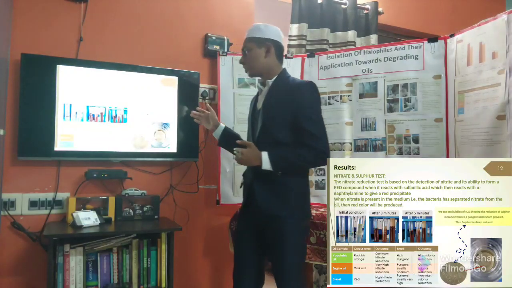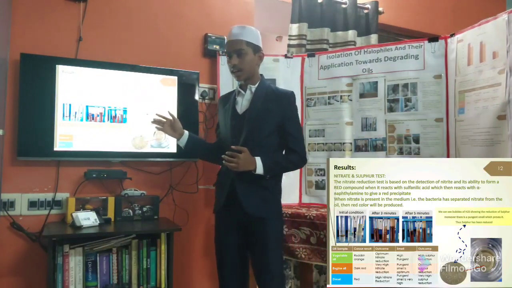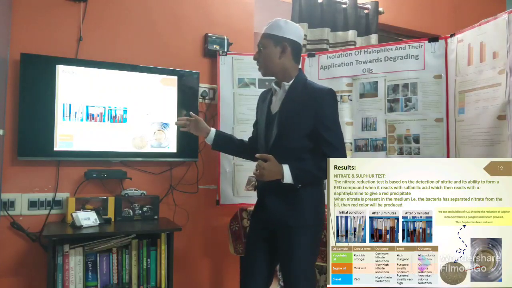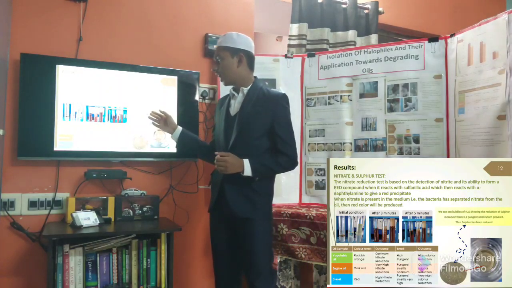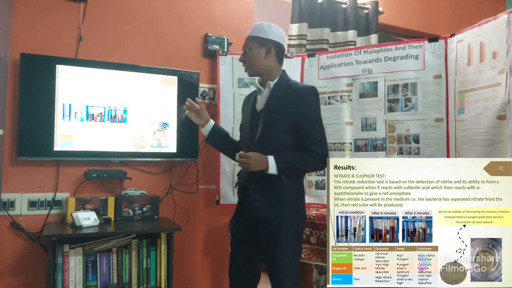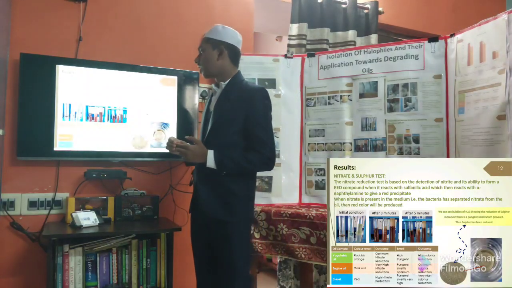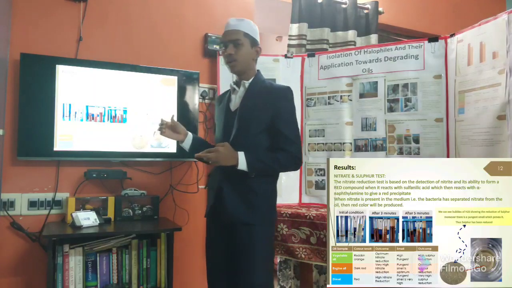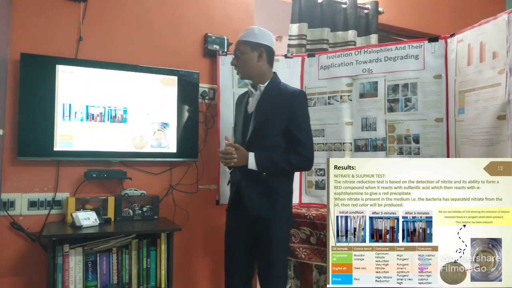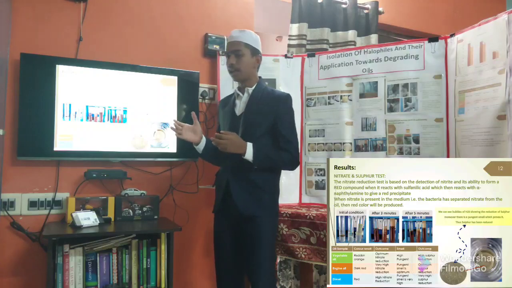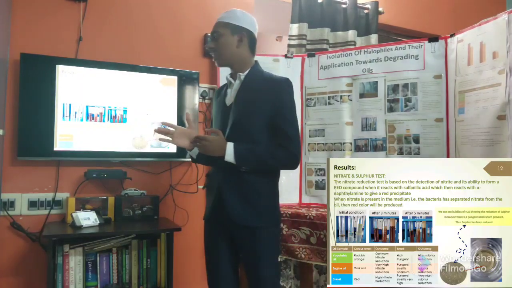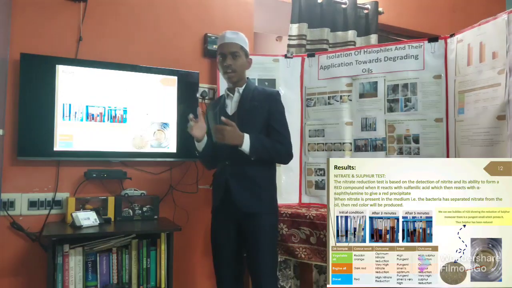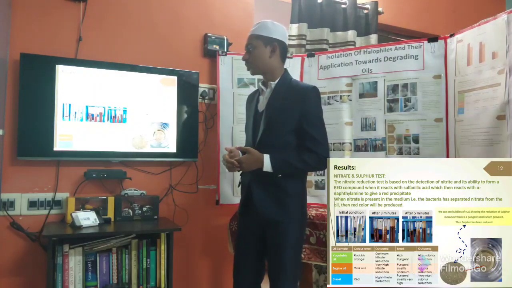In all the 3 oil samples, we saw the color turning red. After 3 minutes, the color started turning, and after 5 minutes, we could see pure red in it. In vegetable oil, we found the color as reddish orange, in engine oil the color was dark red, and in the diesel the color was a medium red. From this, we can say that in engine oil, the nitrate content has been degraded the most.